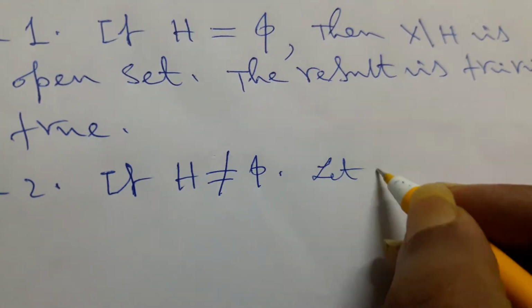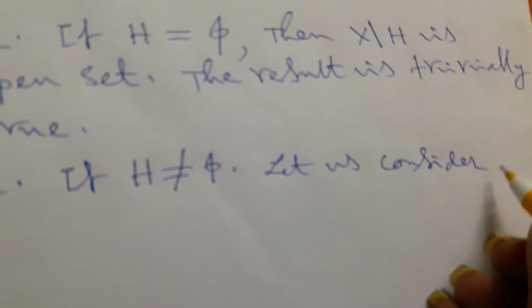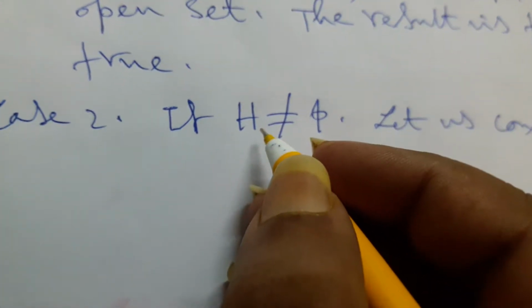Since H is non-empty, there must be some point in H, and so X minus H is also non-empty.